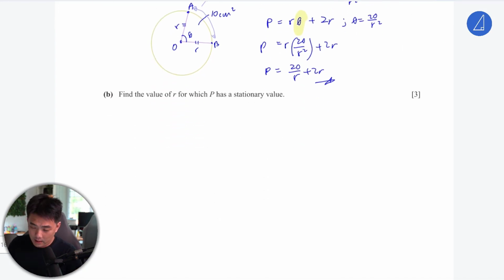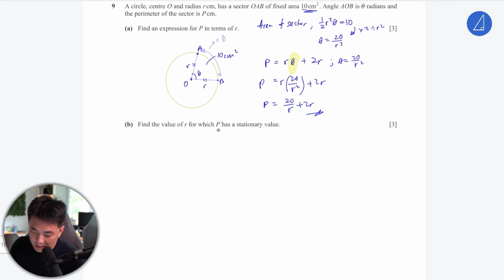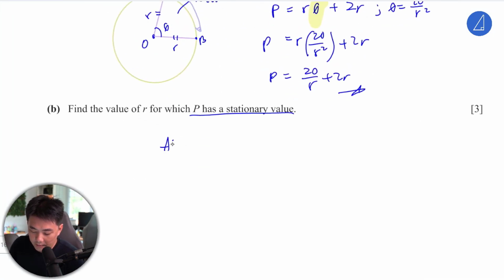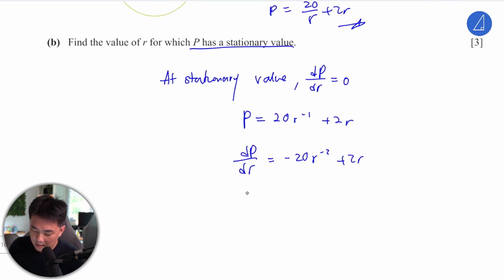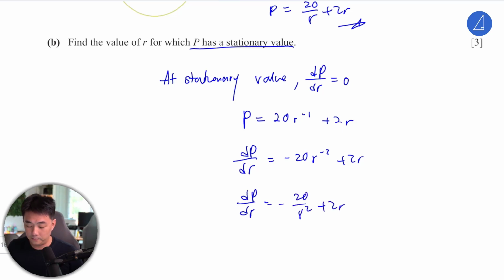Let's go to the next part, which is find the value of R for which P has a stationary value. At a stationary value, we know dP/dR will be equal to 0. P is equal to 20 R to the negative 1 plus 2R. So dP/dR is minus 20 R to the negative 2 plus 2R. You can write this as dP/dR equals minus 20 over R square plus 2R.